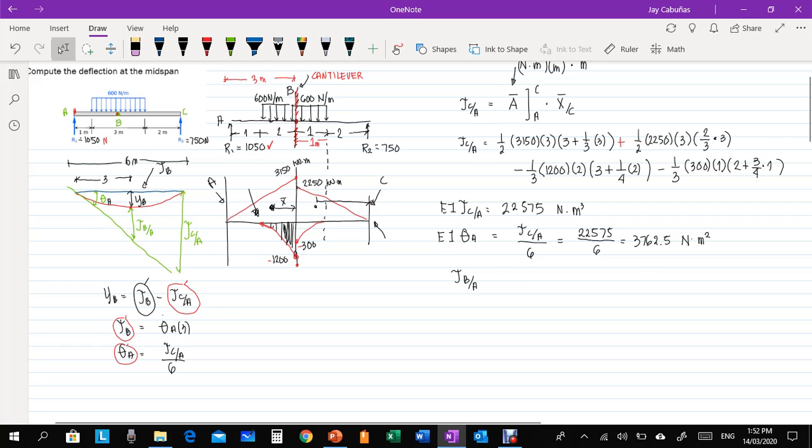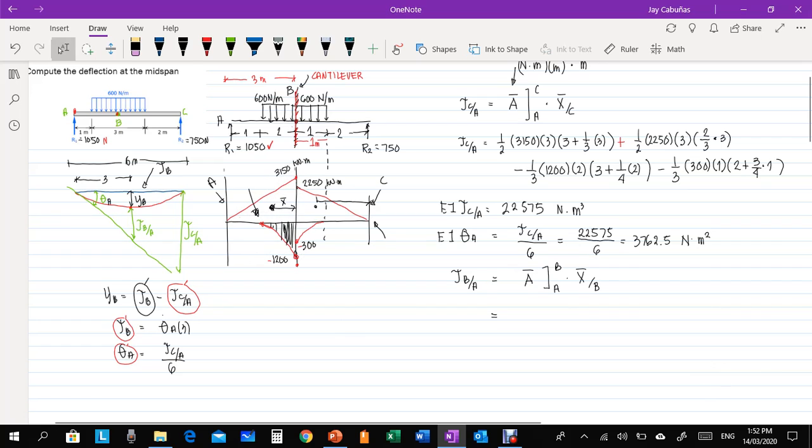To compute that, it is just the moment area from A to B, then the centroid relative to B. So just the area from A to B, from this point up to this point only. So that is the area we will use. Okay, so we have the area.